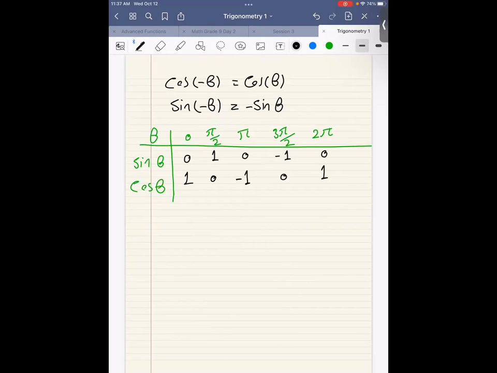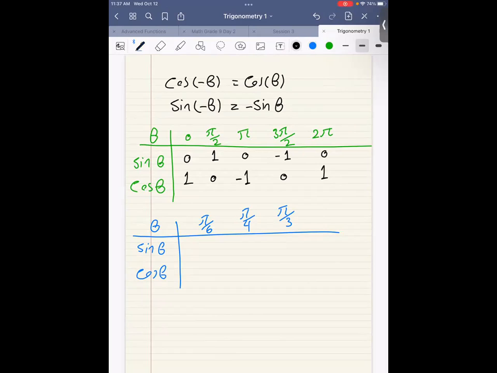Okay. So besides these angles, it's also good to know something extra, which are basically pi over 6, pi over 4, and pi over 3, and sine theta, cosine theta.